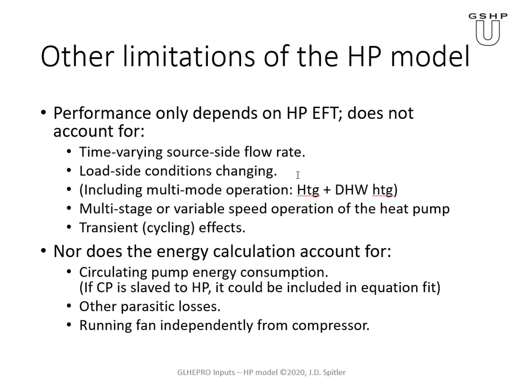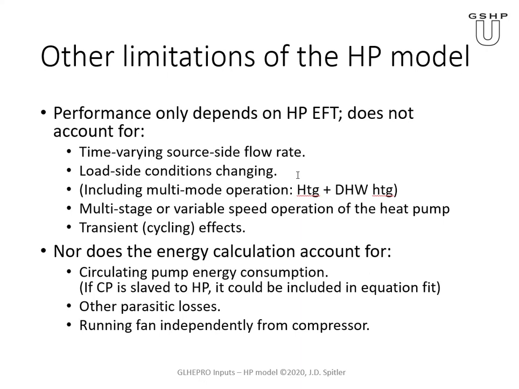So in a US type system with water to air heat pumps, if your zone air temperature changes significantly over the heating season or over the cooling season, we really can't handle the difference in performance. Let's pick an example.